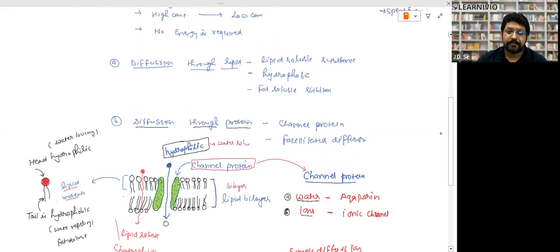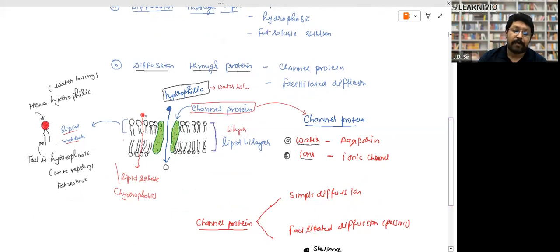Now try to understand. Diffusion through lipid. Questions have been asked many times from this point. All lipid soluble substances are diffused directly through the lipid, right? They are hydrophobic substances and fat soluble substances. So fat soluble, hydrophobic, or lipid soluble substances directly diffuse through the lipid membrane, from higher concentration to lower concentration.